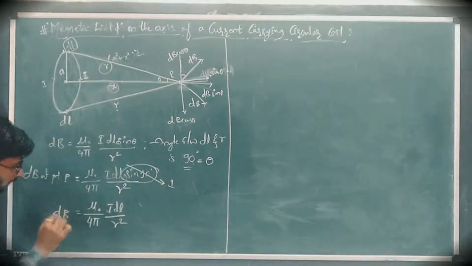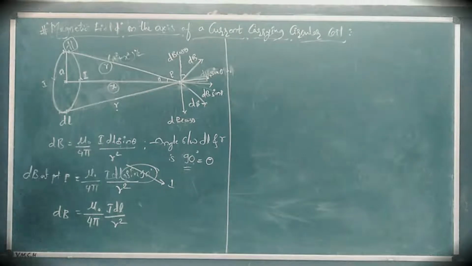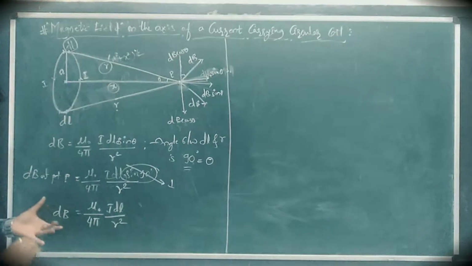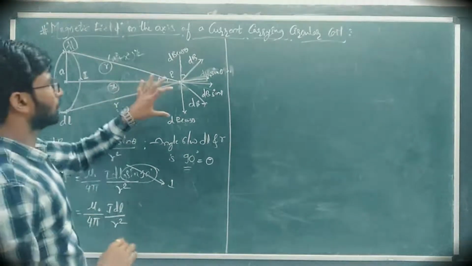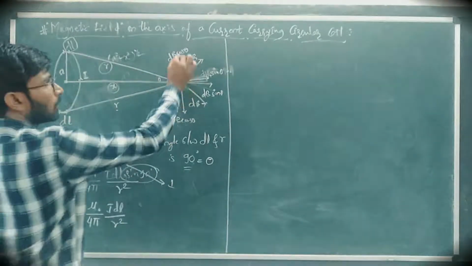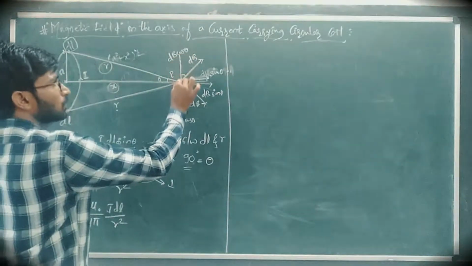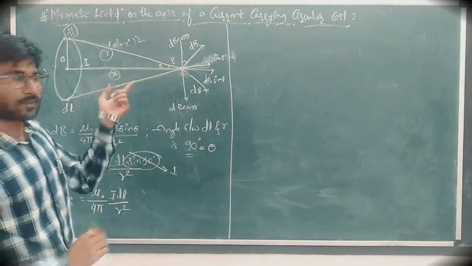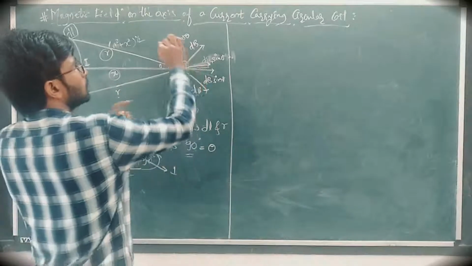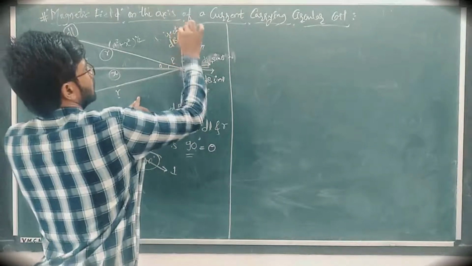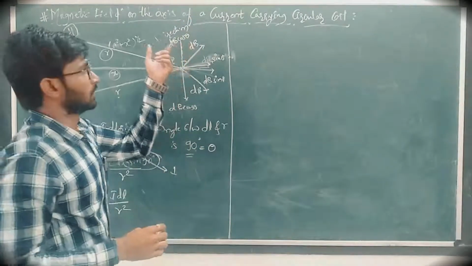This is what we got for dB after substituting the angle. Now, after getting dB, I will go with the description towards this figure, which shows the direction of dB and dB cos theta.